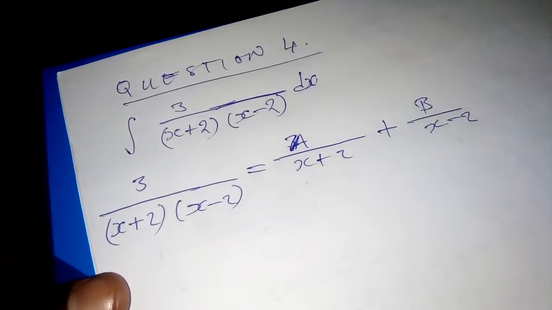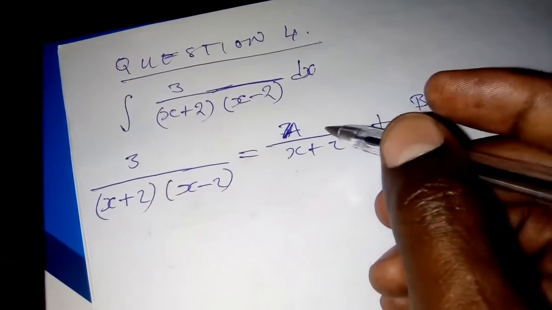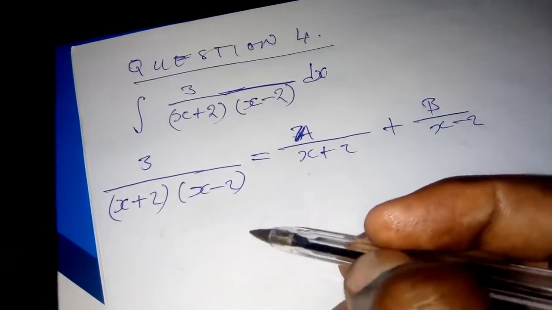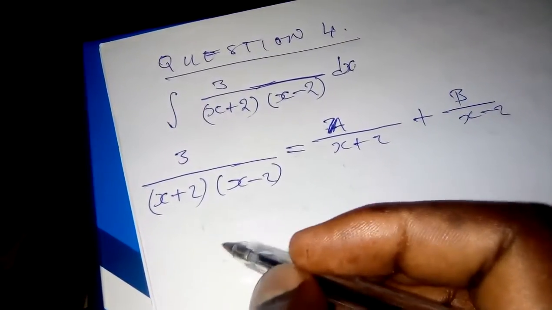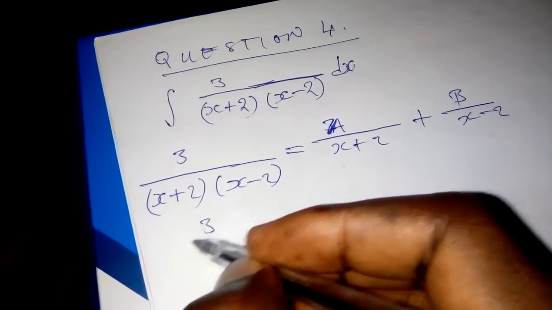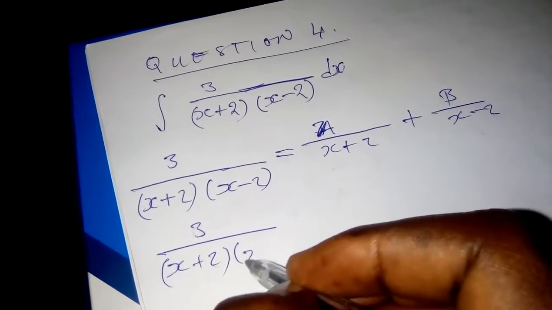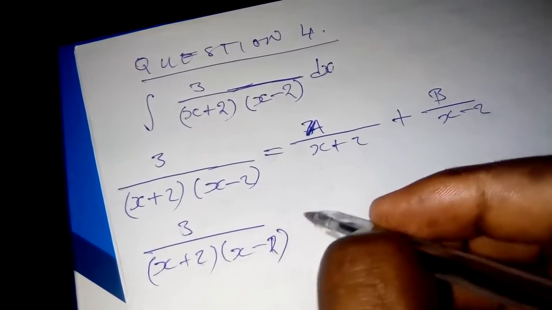So here we can now resolve this into partial fractions. How do we resolve that? You remember in partial fractions what we did, so you express this part as a single fraction as well. So we're going to have this x plus 2, x minus 2.